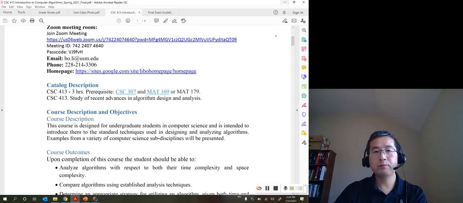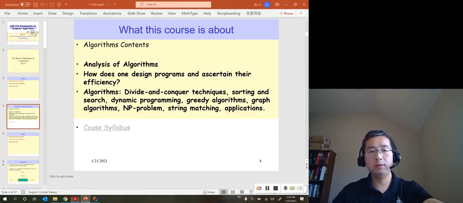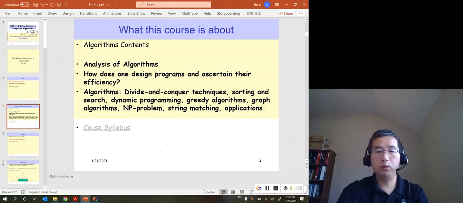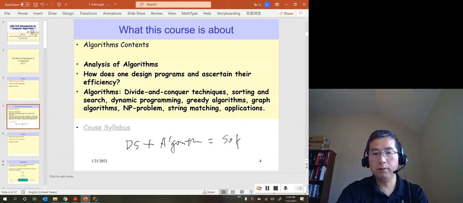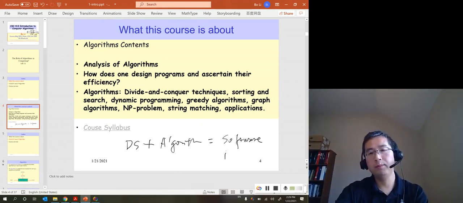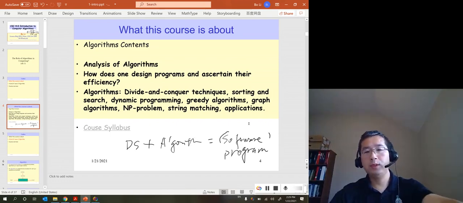So we have a formula like this. So what is a program? Usually we say it's data structure plus algorithm is equal to software or program. In short, maybe a literal scope is a program.